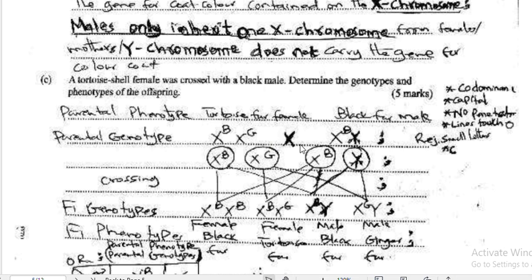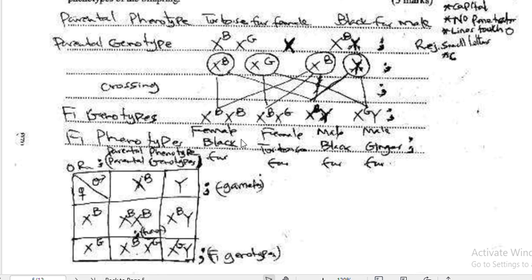The gametes should be encircled properly, and the crosses should not pierce through the gametes. Then the results are here. We'll have the genotypes. We have a female offspring which has a black fur, because we have both here, which is homozygous, capital BB.